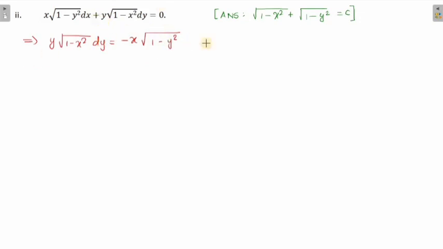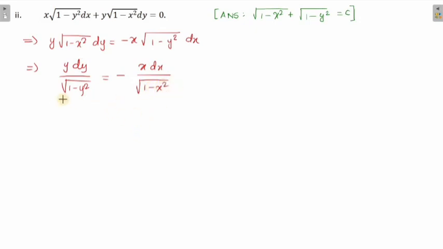So here I'll keep only y. So we have y dy. Bring this root over 1 minus y square to the denominator. Here we have minus x dx left. Now bring this root over 1 minus x square to the denominator.